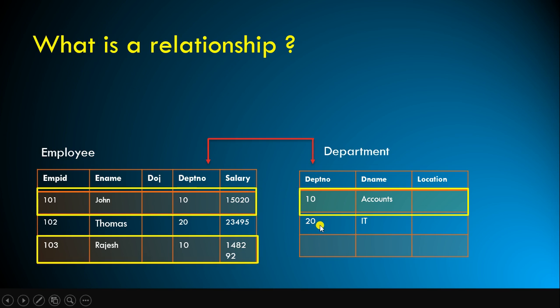Similarly, the value of the department 20 in this table filters the corresponding department number 20 related record from this table. In this case, we have only one record. So, in order to filter the data or to pass the data from one table to another table, we need to have a relationship.